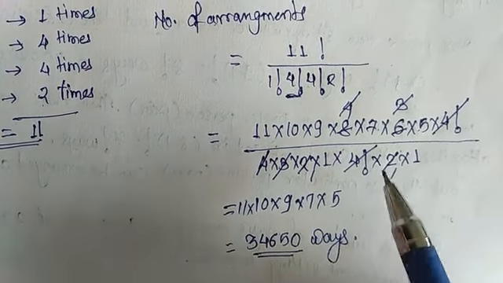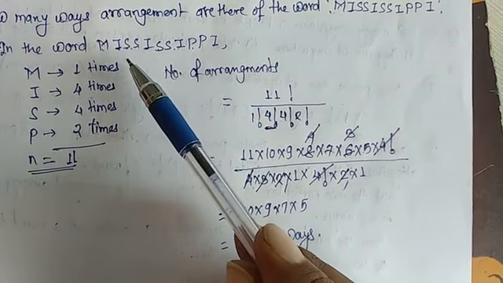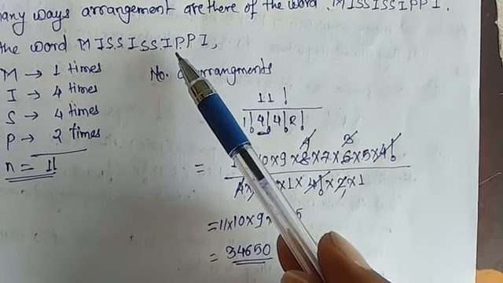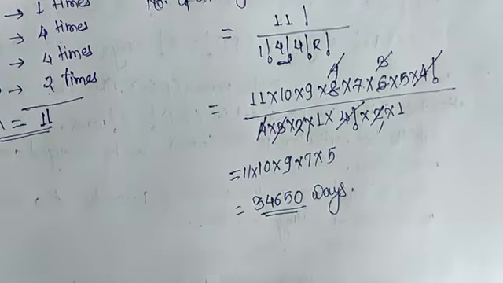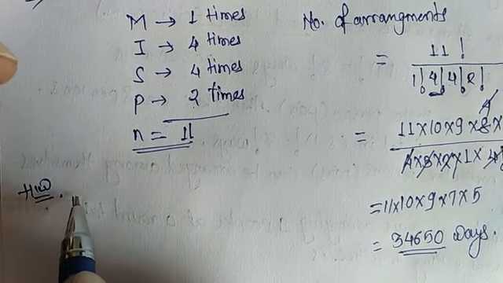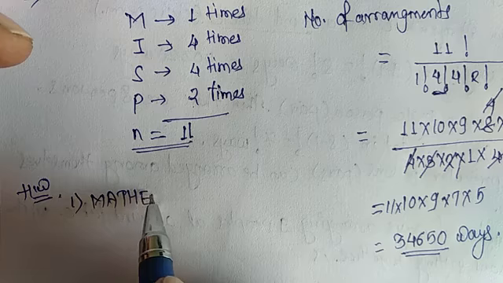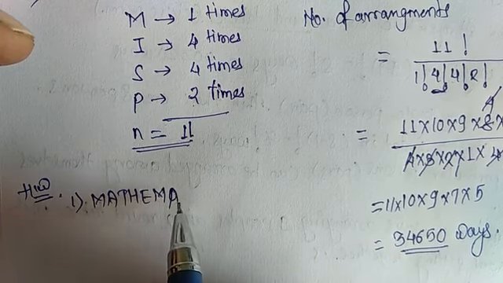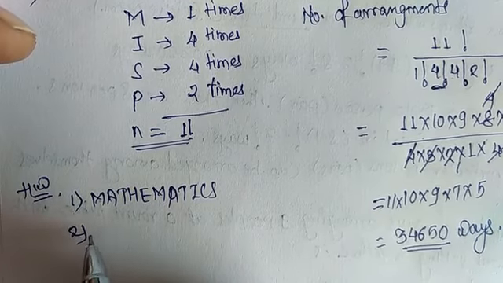So we can arrange the letters in the word MISSISSIPPI in 34,650 ways. For homework you may solve it for the word MATHEMATICS and next MAHARASHTRA.